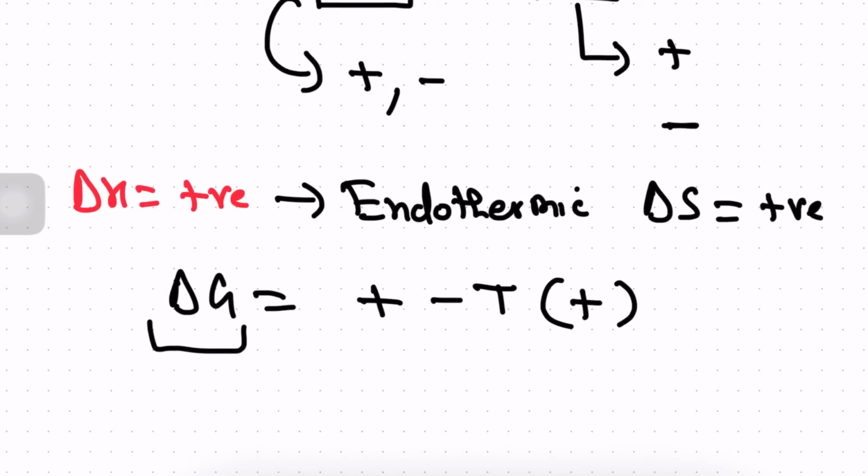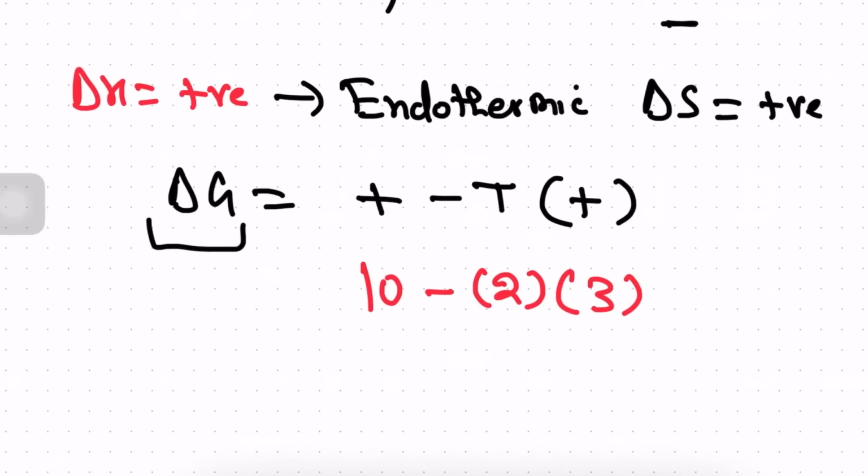Suppose hypothetically delta H is equal to 10, we take the temperature as 2, and the delta S value as 3. So we put in 3, 2, and 10. If you solve this, 10 minus 6 comes out to 4.